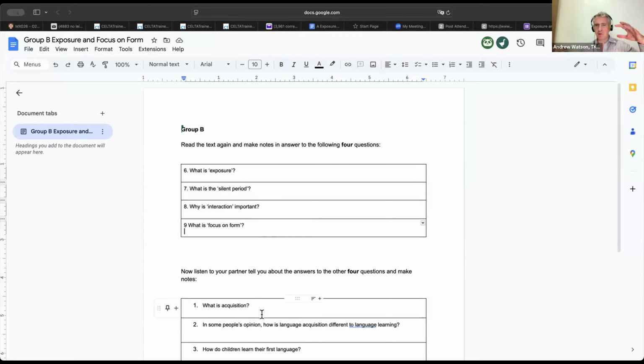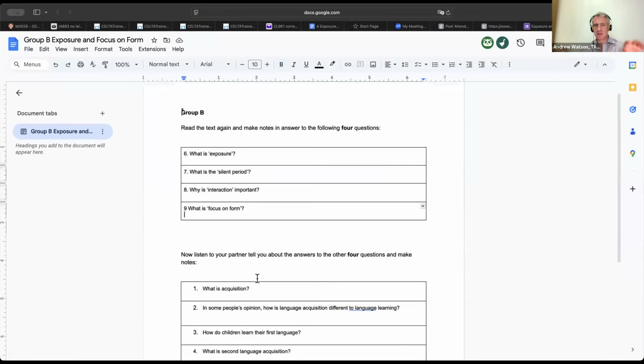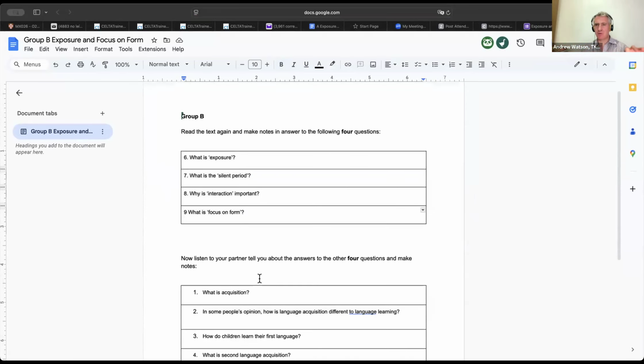Then I'm going to put you into a new group, with a new partner, and you're going to swap information. Get your partner to tell you about the answers to the other 4 questions. You can get working on that now. I'm going to put you into breakout rooms with your existing group.